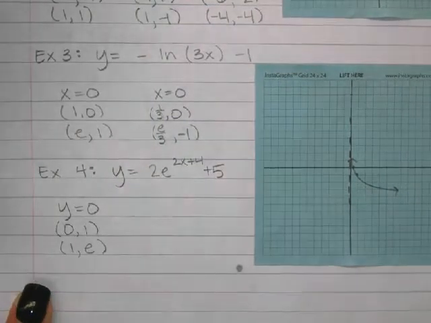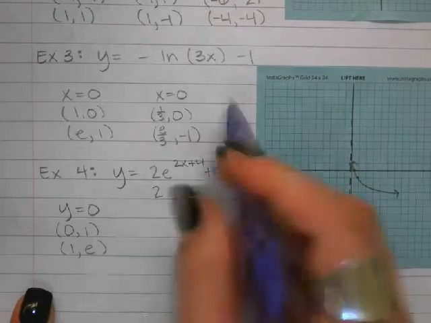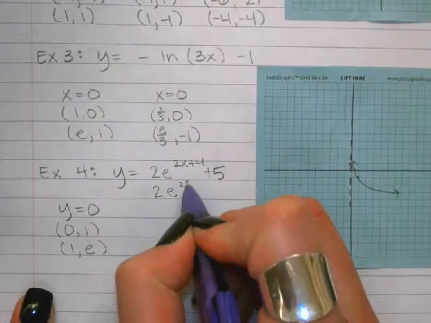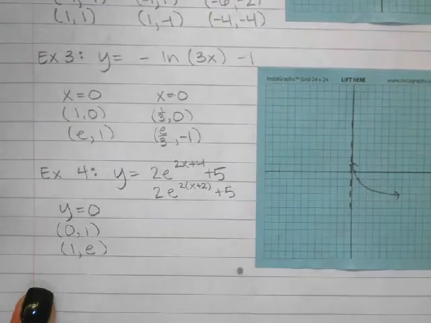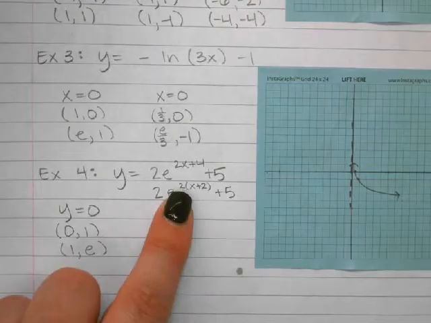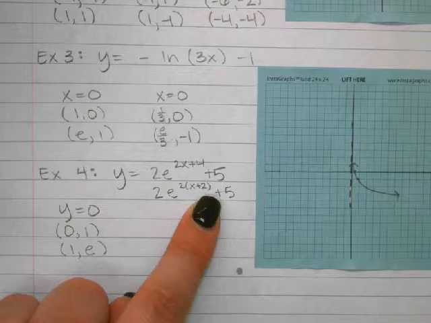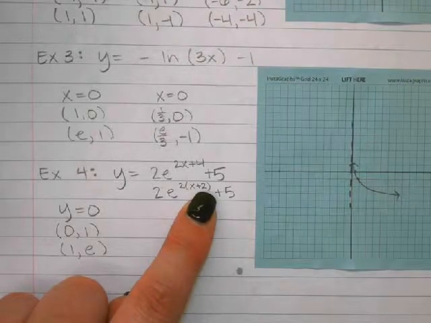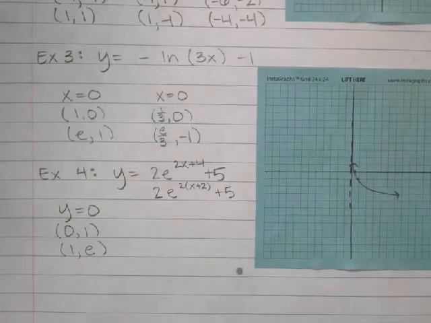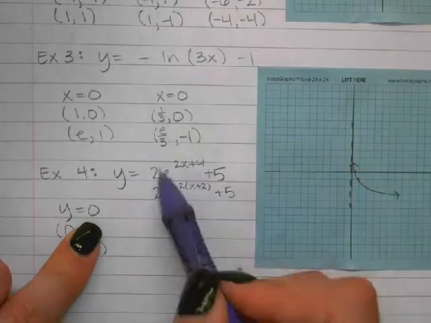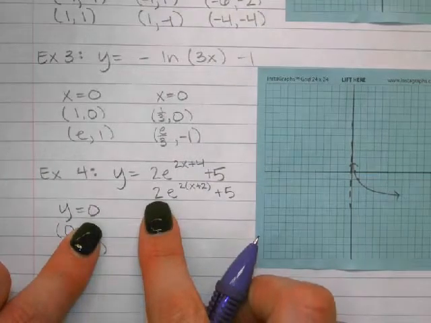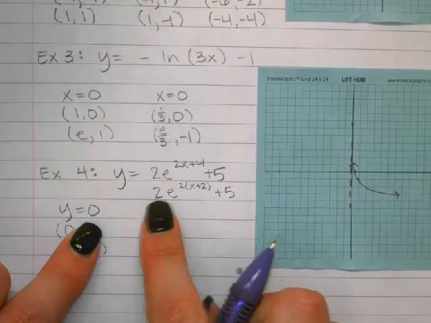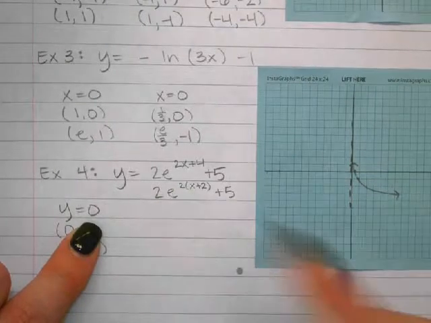Okay, so now I'm going to think about this with that exponent being factored. So I can see I have a horizontal compression of 1/2, and then the graph shifts to the left 2. All right, so the two transformations that are going to require multiplication are that vertical stretch of 2 and that horizontal compression of 1/2.